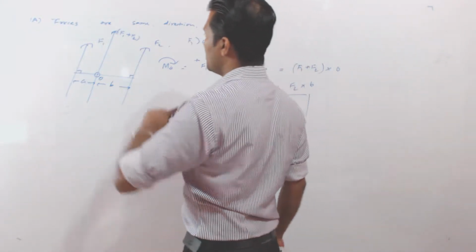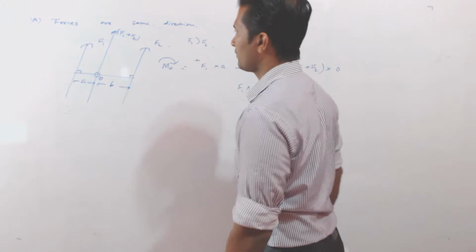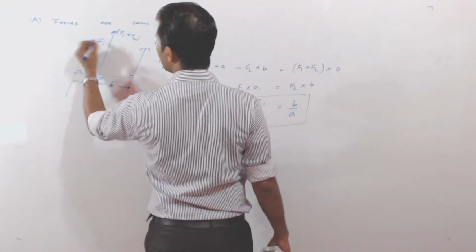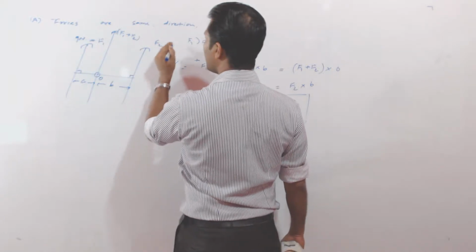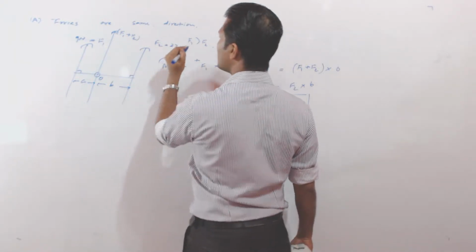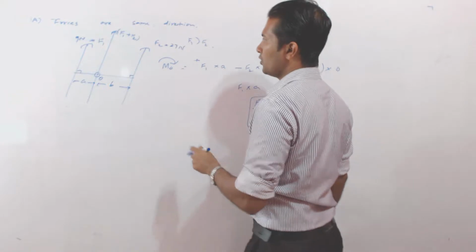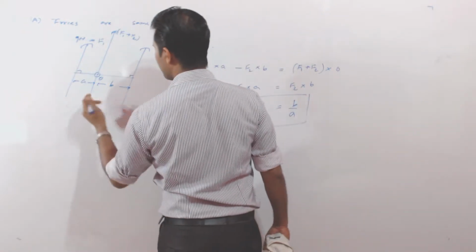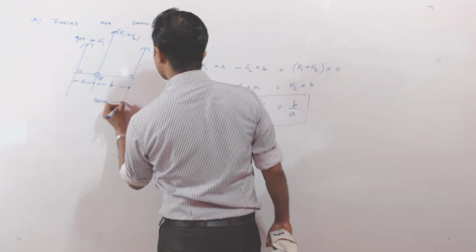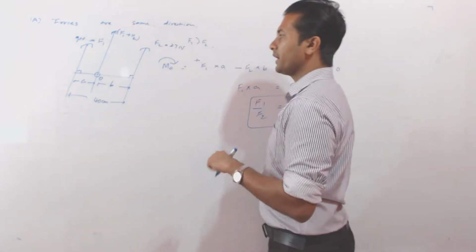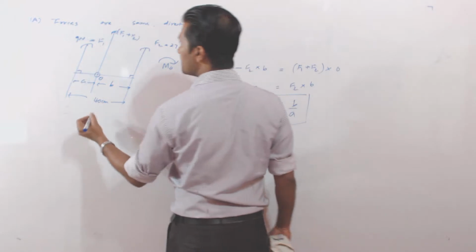Okay. So for example, if F1 is given as 9 newtons, F2 given as 27 newtons, and the perpendicular distance is 40 centimeters, you can find simple A just like this.